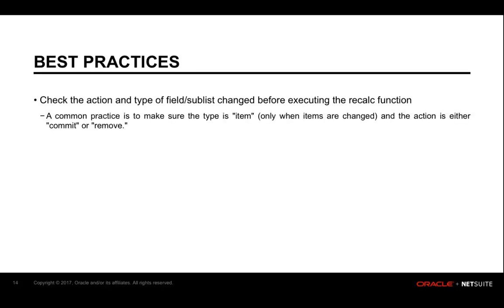Check the action and type of the field or sublist being changed before executing the recalc function. This is a common practice to make sure that the type is item and the action is either commit or remove. Because of what I said before, that only commit and remove actions are applicable for Scriptable cart, and only events related to items are the ones that are triggered.